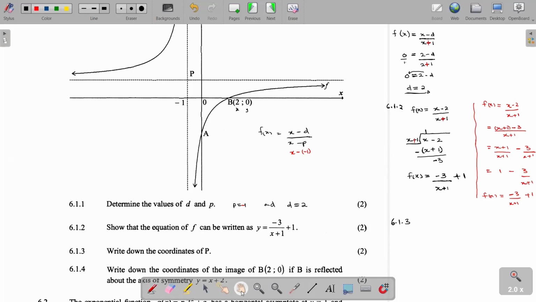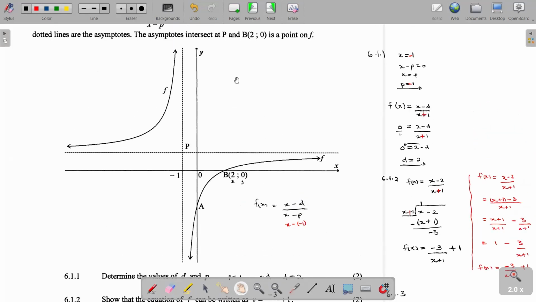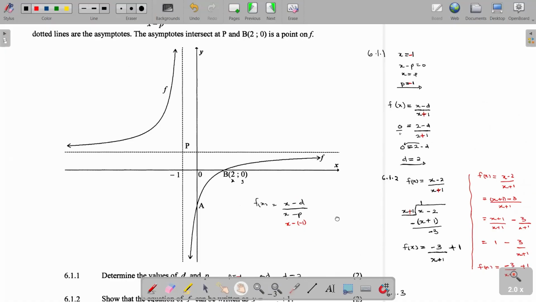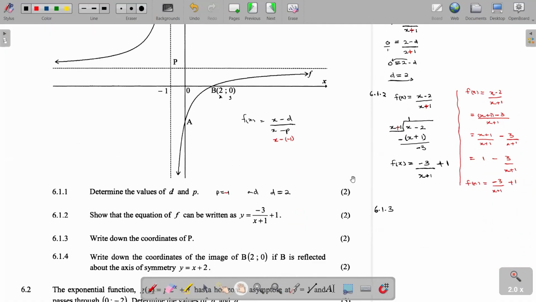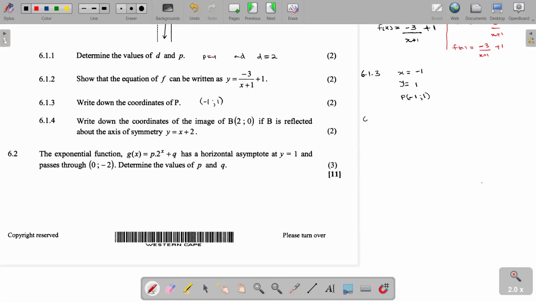If you check from the P, you are told that the asymptotes intersect at P. So P is the point of intersection of the asymptotes, and the asymptotes, as we already know them, have the equations x equal to -1, then y equal to 1. Therefore, the coordinates of P, which is the point of intersection of the asymptotes, is (-1, 1). Yeah, it's (-1, 1).